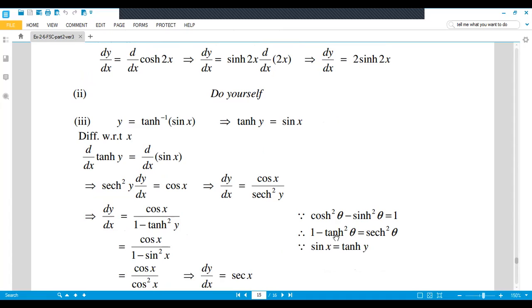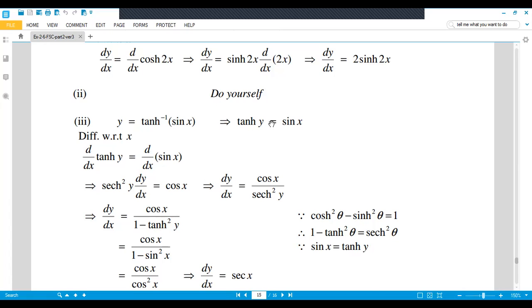And 1 minus tanh square theta is equal to sech square theta. So sin x is equal to tanh y. So you put the value of this sech square y as 1 minus tanh square y. So tanh y is equal to sin x. This is already given in the question.